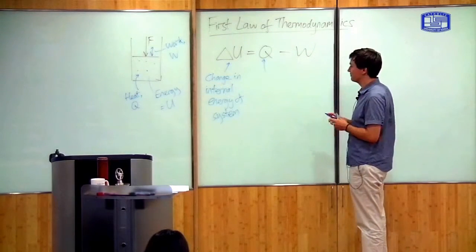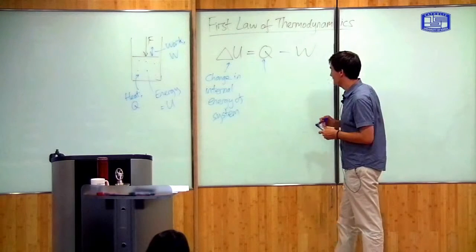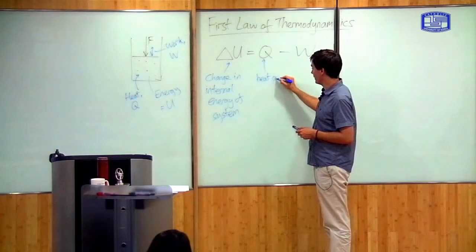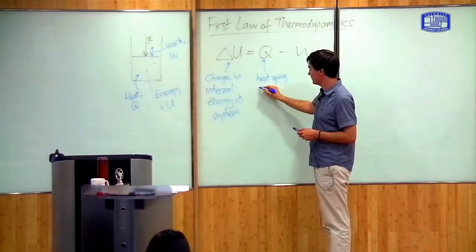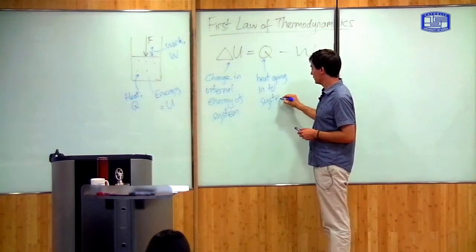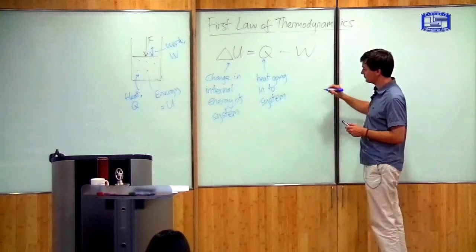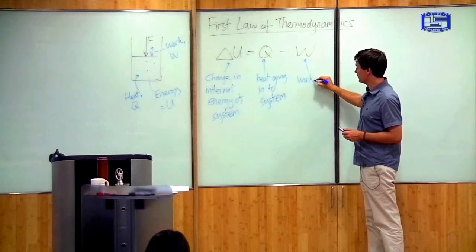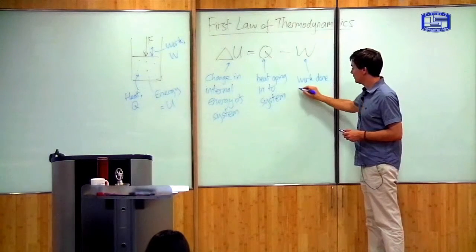Any system, we can use this equation. Q is the heat going into the system and W is the work done by the system.